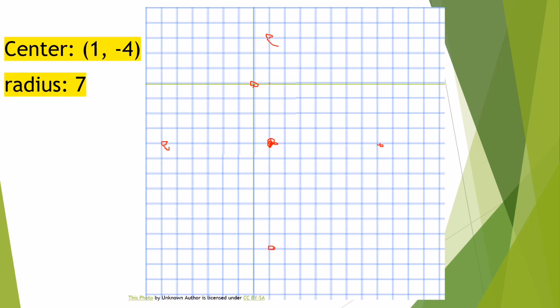Gaya ng lagi kong sinasabi, gamit po kayo ng compass kung i-connect ninyo ang mga points para magkaroon po kayo ng perfect circle. Okay? Okay, next.